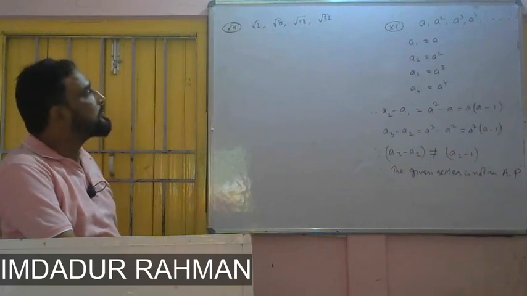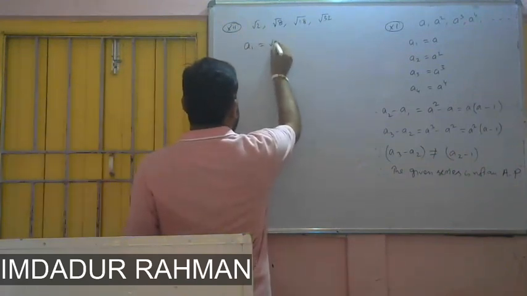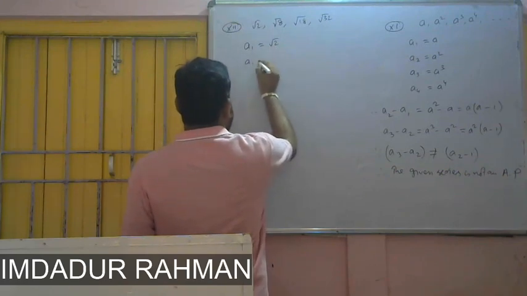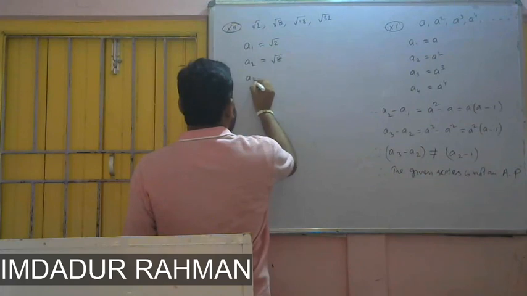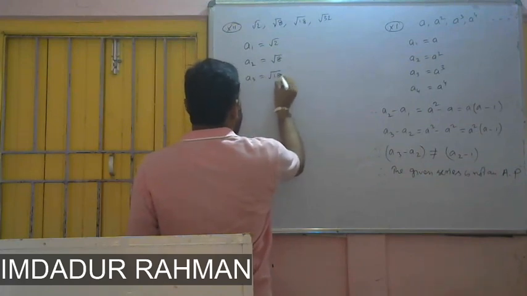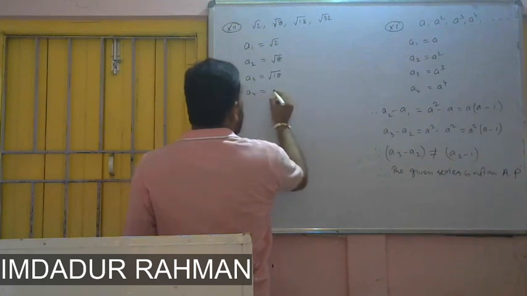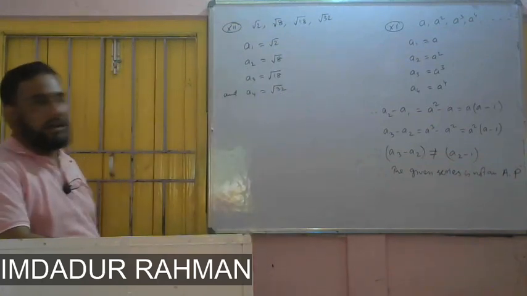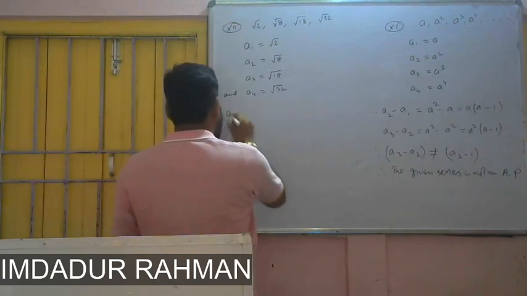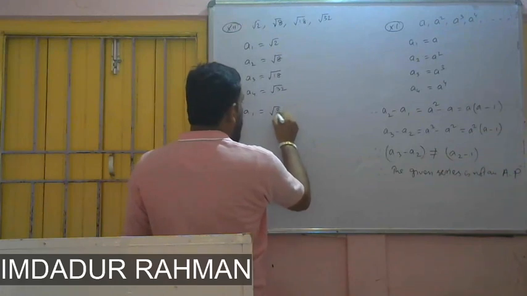So here a1 is equal to root over 2, a2 is equal to root over 8, a3 is equal to root over 18 and a4 is equal to root over 32. Now in the same way we will find out a2 minus a1, root over 8 minus root over 2.